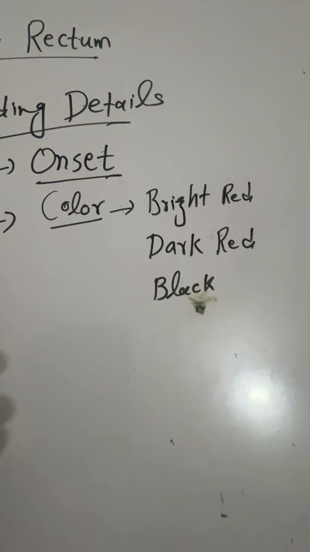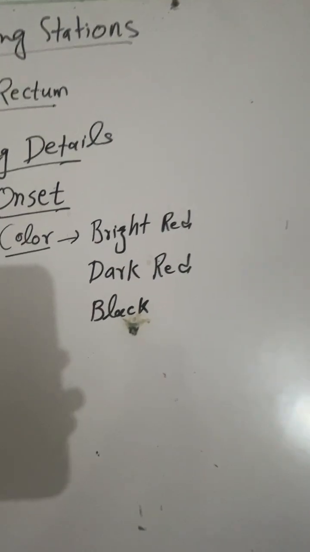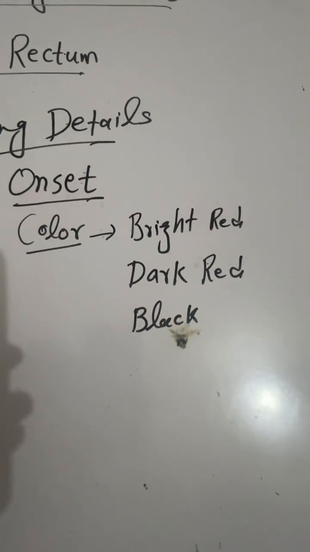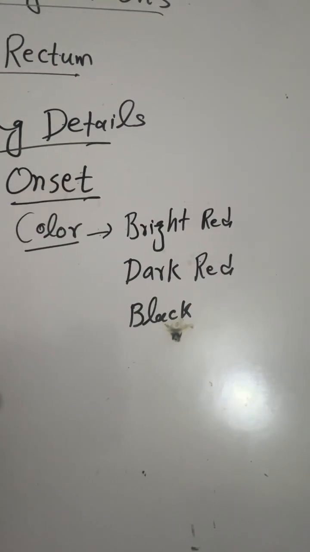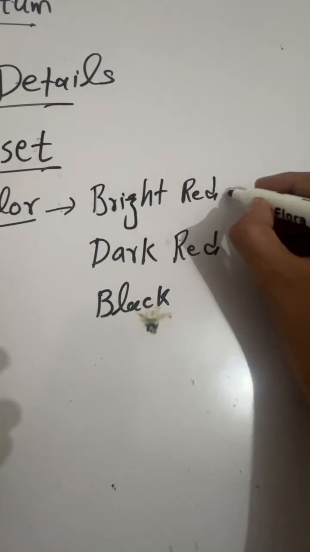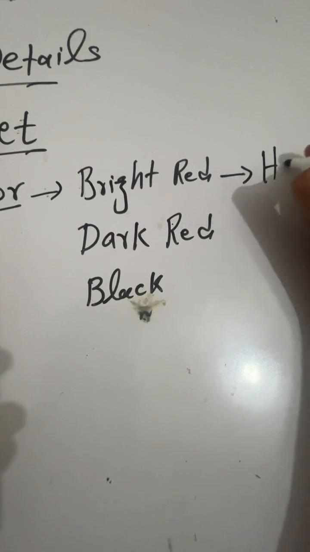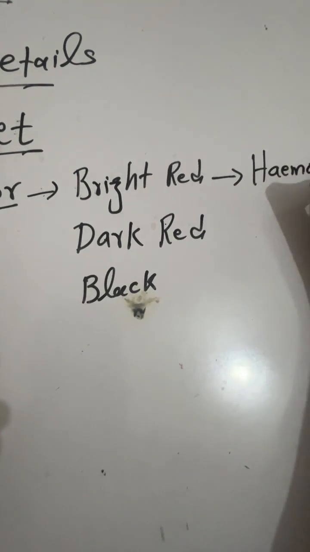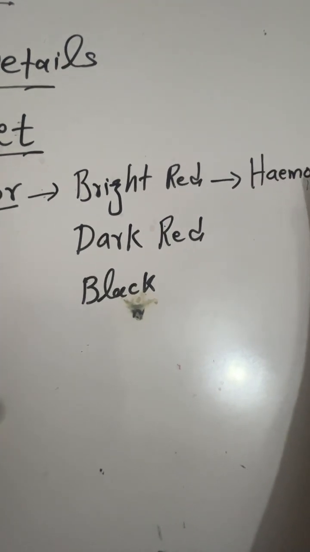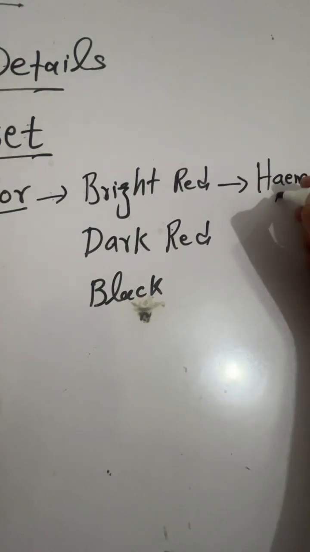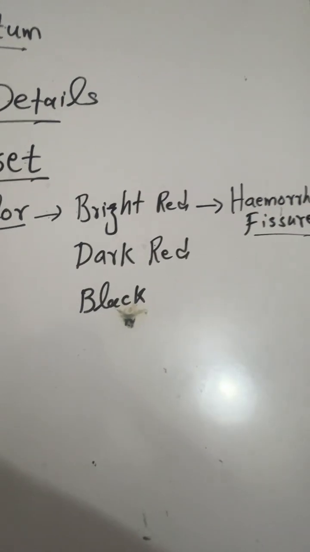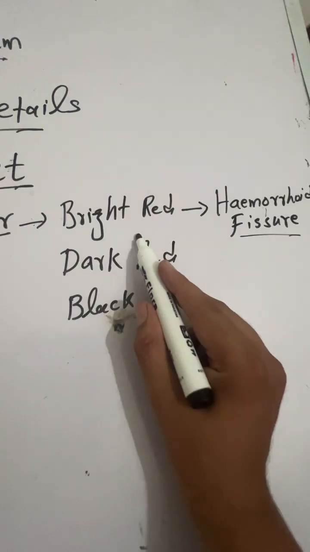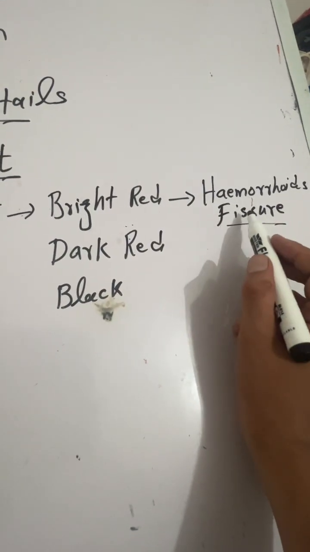If the patient has bright red blood or bleeding per rectum, then we will think about hemorrhoids, which in common language is called piles. Or fissure, which is a tear in the anal mucosa. So if there is bright red blood, we will think about hemorrhoids or fissure.